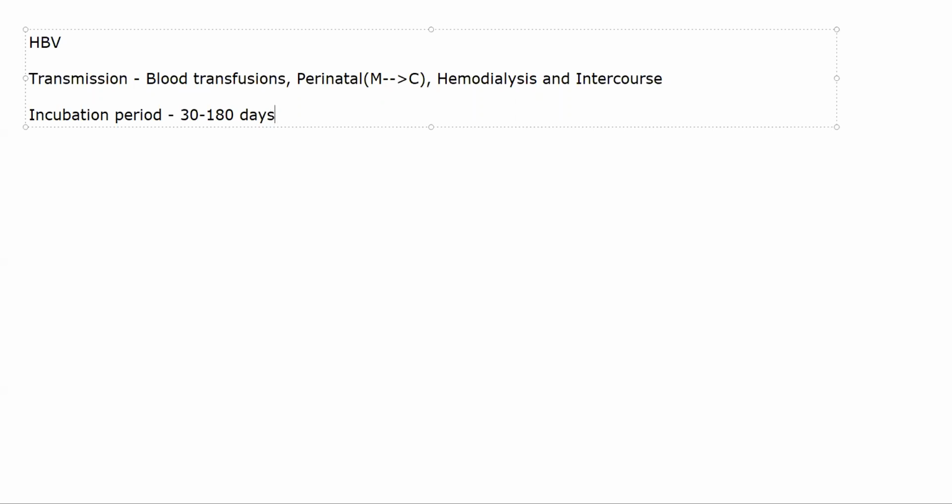You will have an asymptomatic patient all the way from 1 month to 6 months. So for 6 months, whenever they are coming in contact with people, transfusing blood, having intercourse, or performing hemodialysis, there is a very good chance that they can transmit the disease or infect another person.